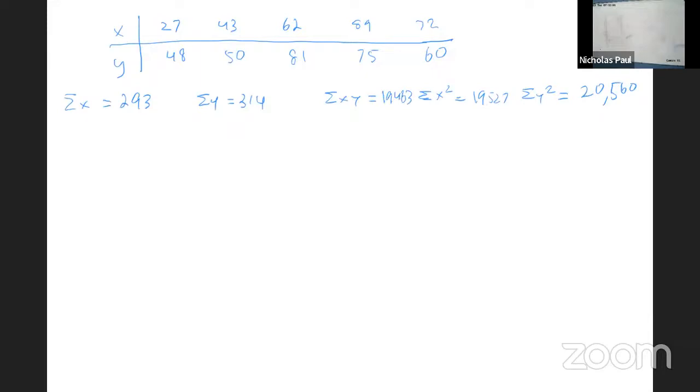Then find R from now, please. Find R and make a comment.